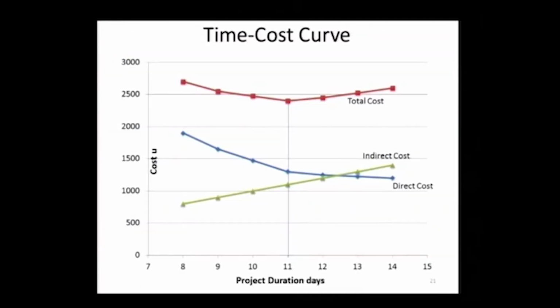Now the graph can be shown this way, where I have my direct cost, which we saw in this graph, and my indirect cost, which decreases as the project duration decreases. This is the total cost, and you have the total cost decreasing and then increasing.